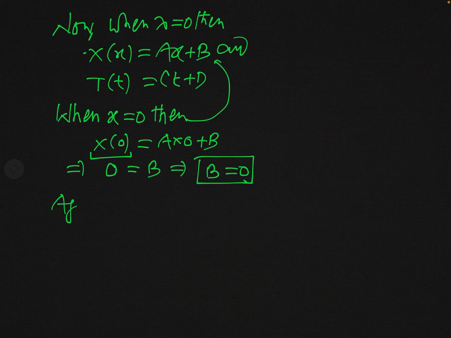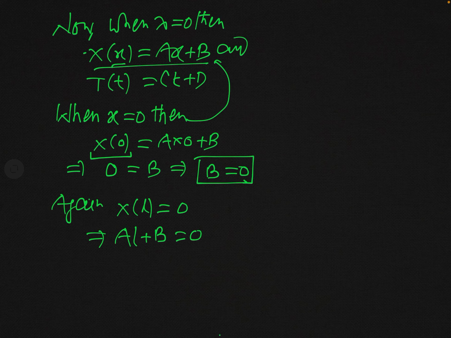And again, you have seen that when x is equal to L, then X is again 0. So when you take x equal to L, this will be aL plus b equal to 0. But we have already proved that the constant b is equal to 0.